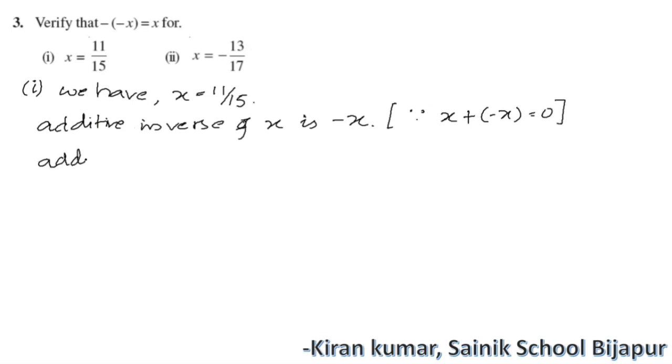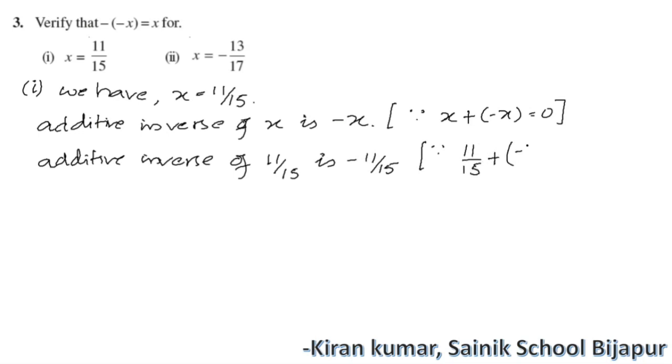Then the additive inverse of 11 upon 15 is negative 11 upon 15, because the sum of this 11 upon 15 with negative 11 upon 15 will be equal to 0. Look at the equality here. 11 upon 15 added to negative 11 upon 15 is 0.